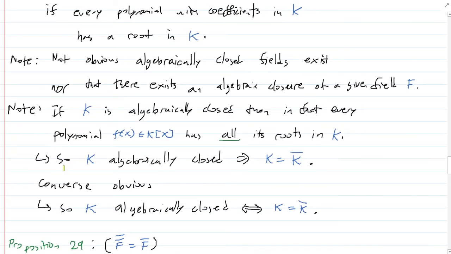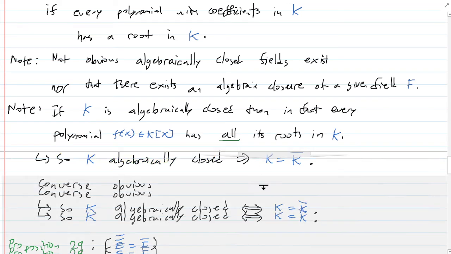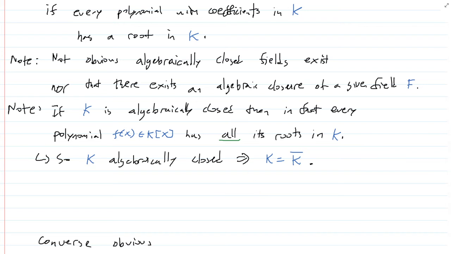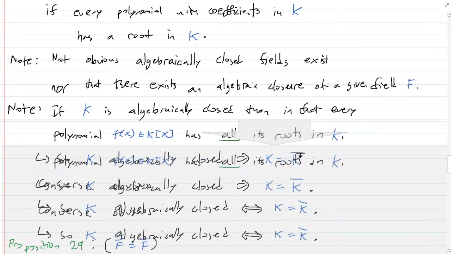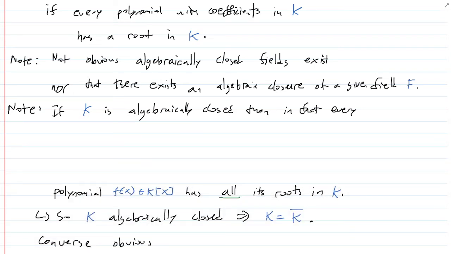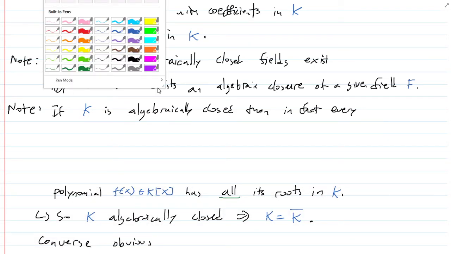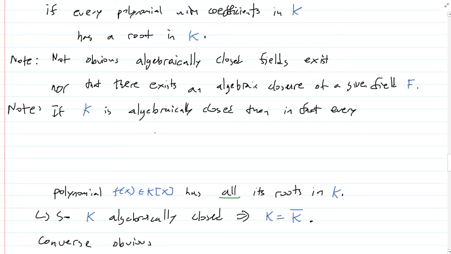Why? So K is algebraically closed, and you have some polynomial p of x, right?